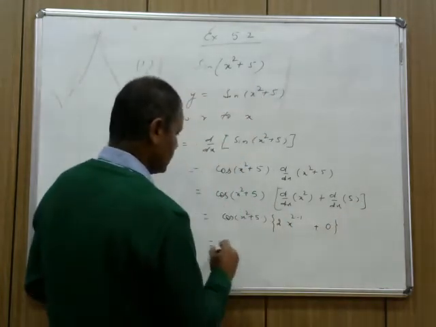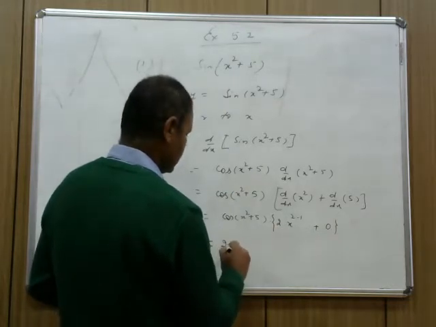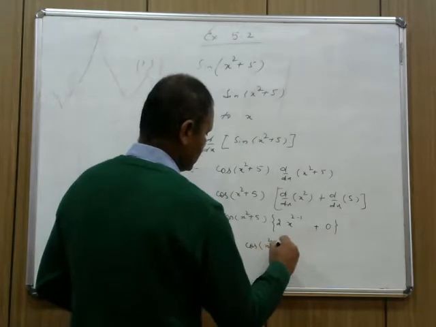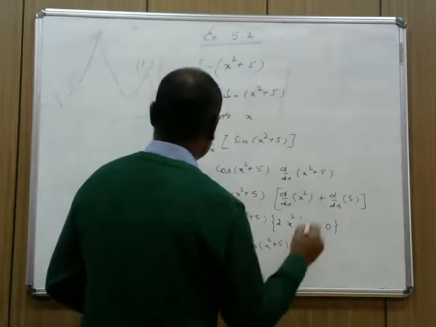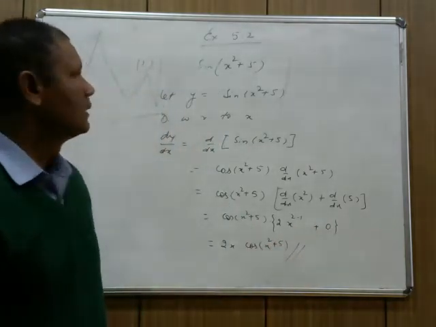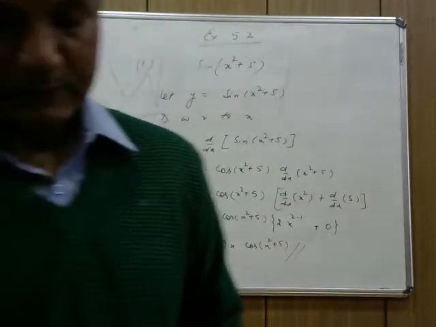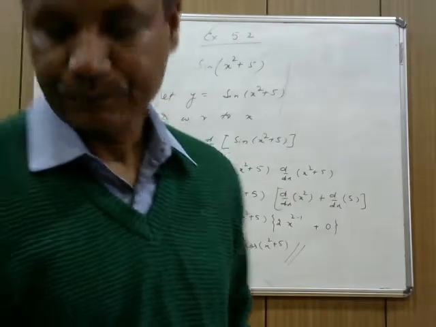That's why what we have got now, here it is 2x into cos x square plus 5 is the differentiation of sine x square plus 5. Right? Next question.